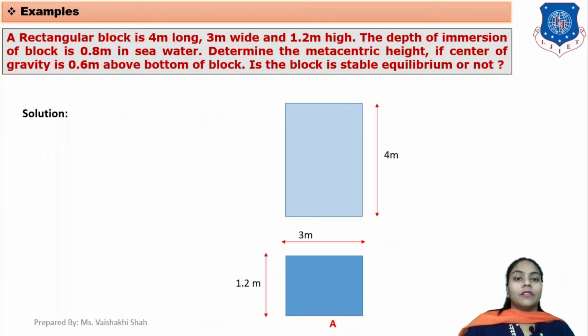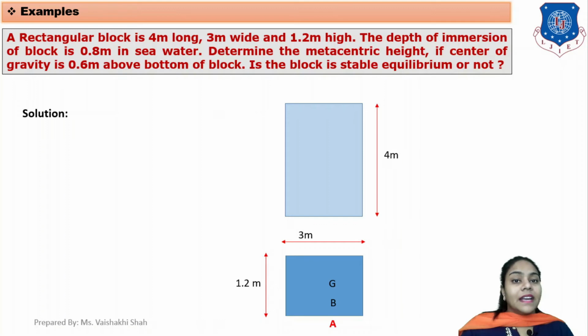Okay, so now in the diagram, here we are taking 3 points. At the bottom we are assuming point A. Now the next point is B. B is called the center of buoyancy, and G is called the center of gravity. Here we have to find the metacentric height.